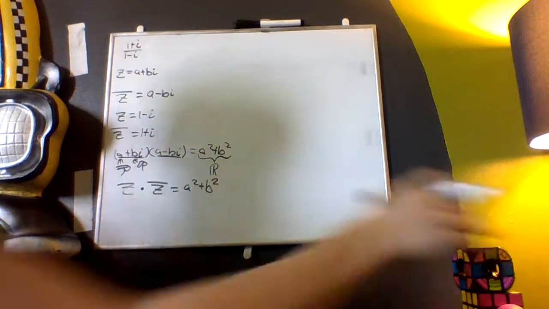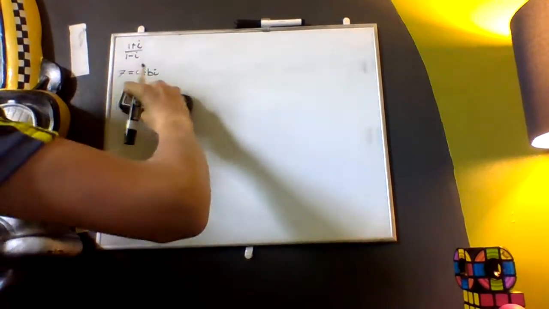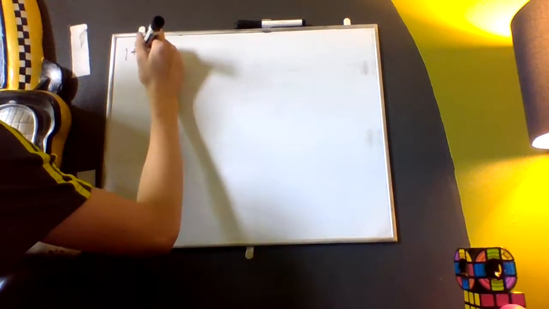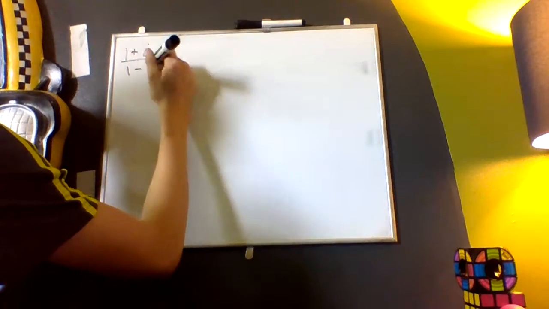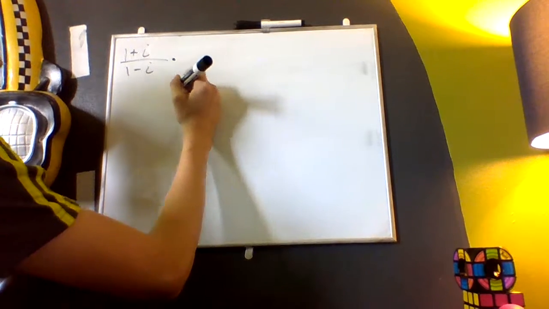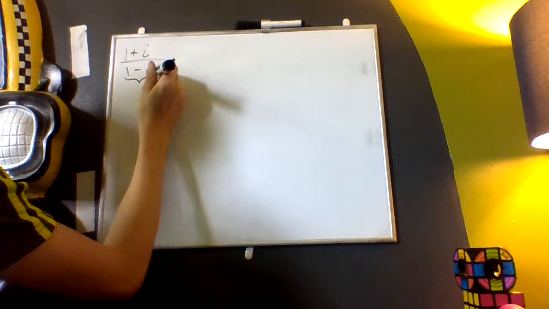Okay. So let's multiply this. So what's the problem here? It's the denominator, isn't it? We want to get rid of that. We want to make that a real number so that we can divide it normally. So let me write this bigger. 1 plus i over 1 minus i. You multiply this by this conjugate.